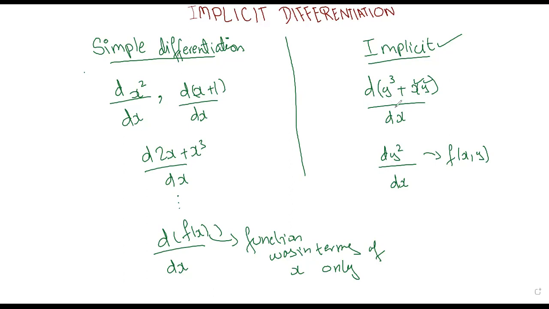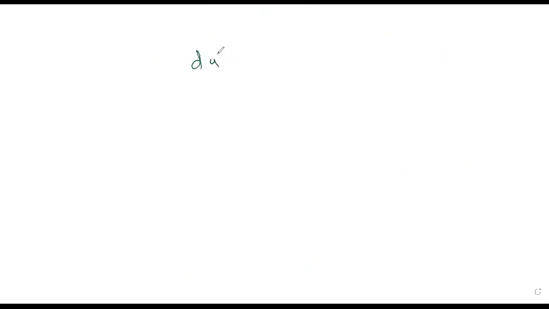This is how you would know that this is implicit differentiation and it is not simple differentiation. Do you understand the difference? Yes.